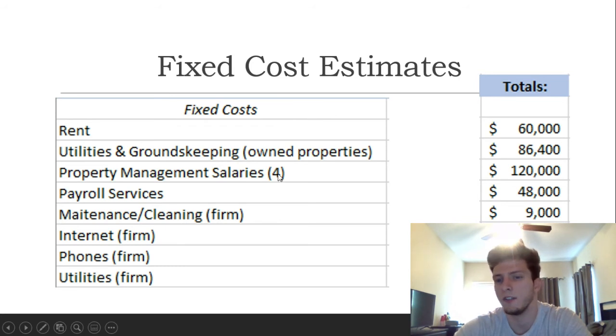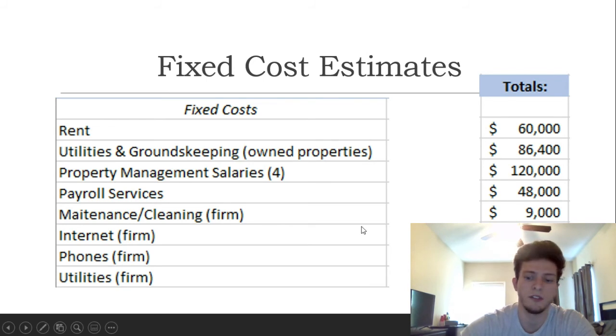I actually changed it to 2. I meant to change that number, but just two property management team members, so averaging about 60,000 per salary. And then I also upped payroll services a little bit as we were expanding, and some of the other maintenance, internet, phones, utilities, all that stuff for the firm.